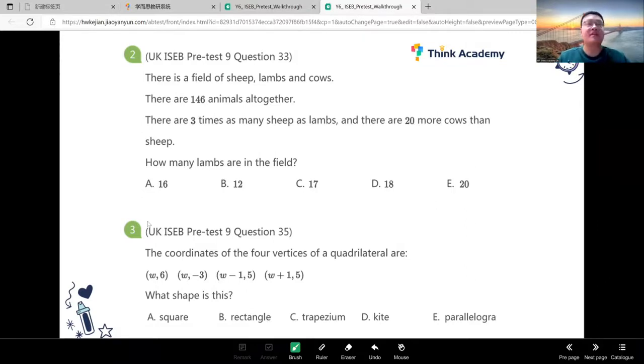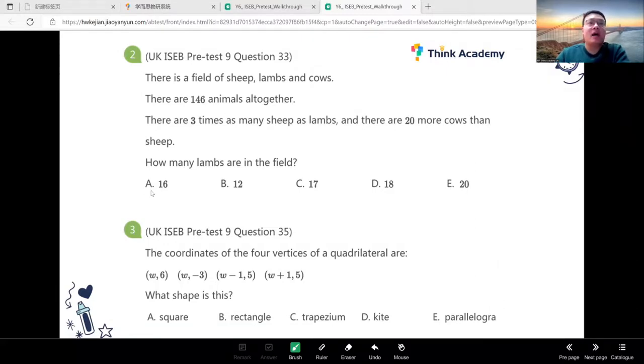Okay, guys, I will give you 30 seconds to think about it, and you can type your answer in the chat box. Okay, I got an answer, which is D. What about others? Do you get the answer? 18. That's right.